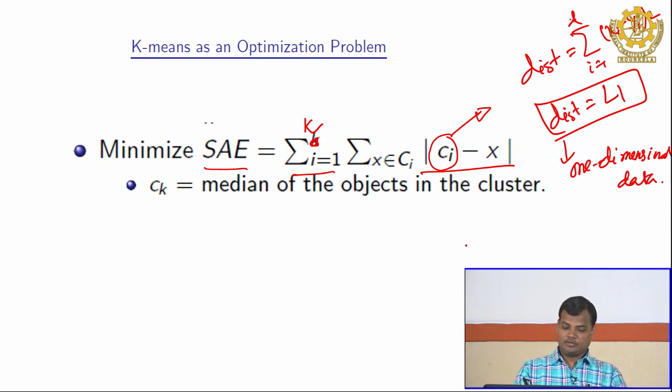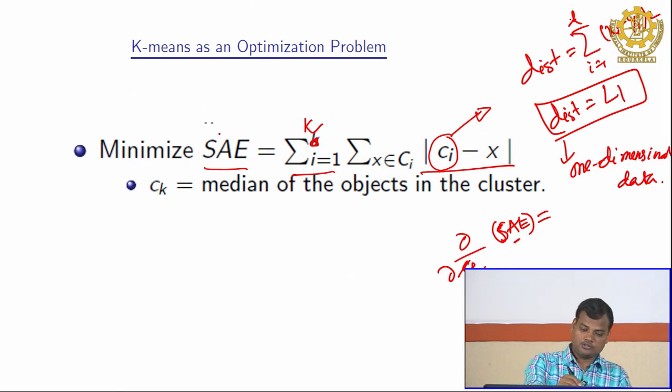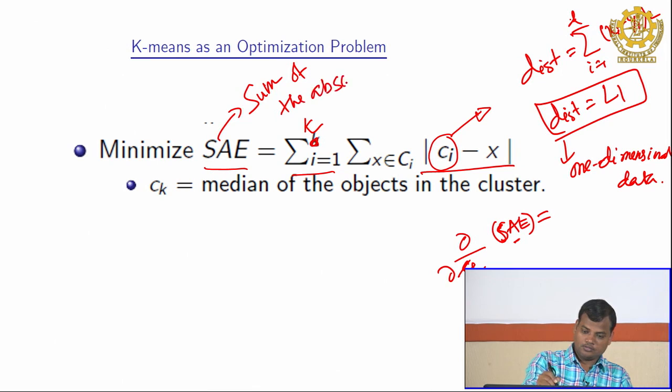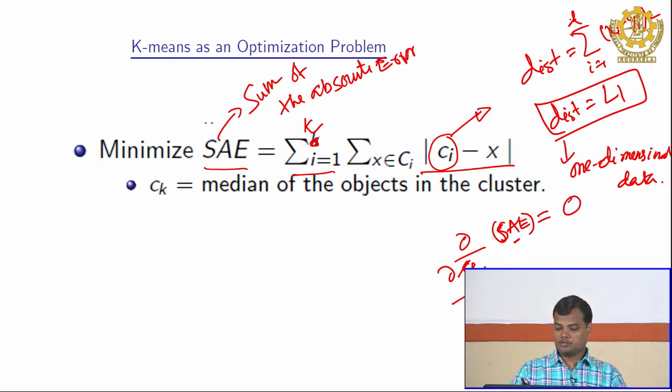In the same way, we differentiate with respect to c_k the sum of the absolute error, and this should be 0.